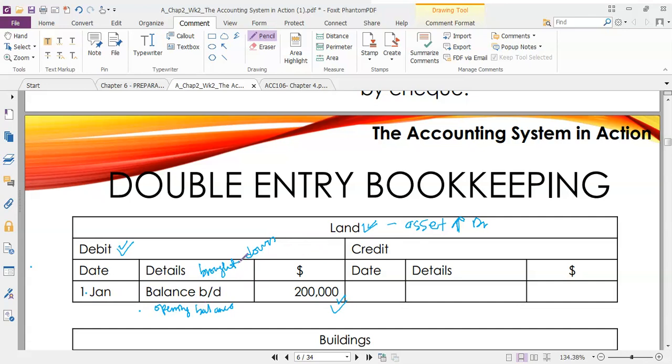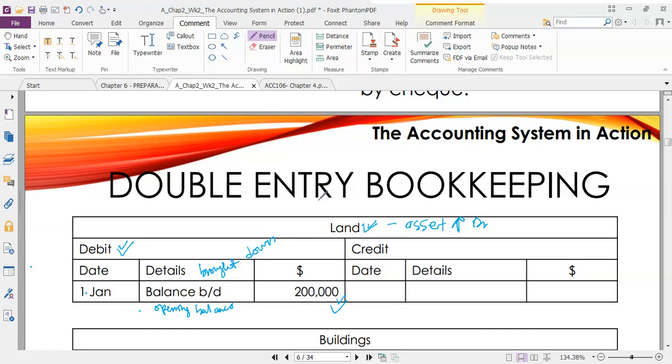This is the new year, so we have an opening balance. It means the land is increasing, bertambah. So the amount of asset, 200,000, is increasing. That is why for asset land, if we have an opening balance, we must put it on the debit side. Can you remember, class?